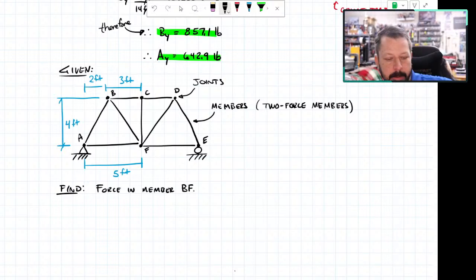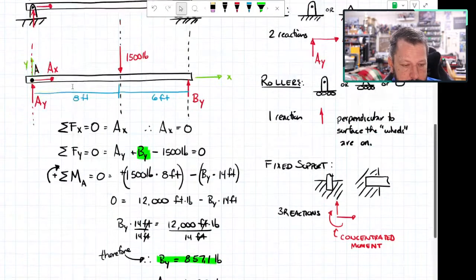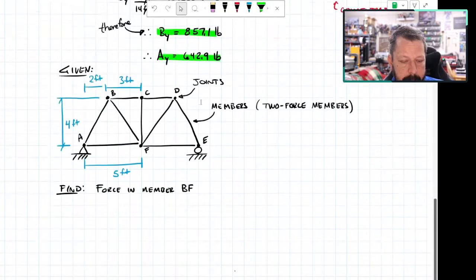Okay, so the method of joints process of doing this would be, first we need to find our reactions. So we do basically what we did here, but for the whole truss: we replace the pin with forces AX and AY, replace the roller with an EY, and solve for those values.